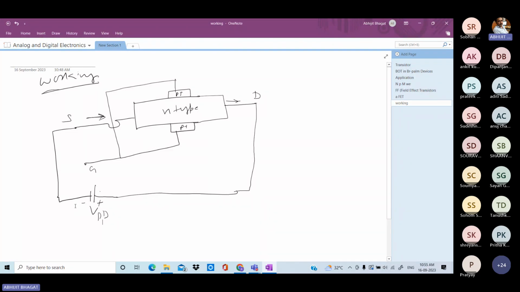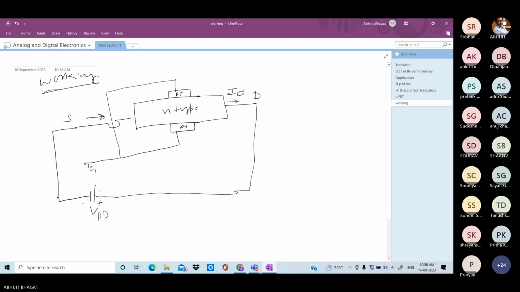If you increase this VDD voltage, your current will increase. This drain terminal current, suppose it is ID, so this ID will be increased. If you increase this voltage, your ID will be increased.